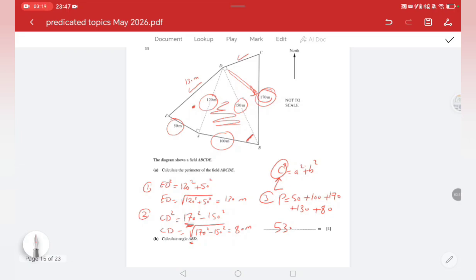When we use the sine rule, we need a given angle and its opposite side, but in this question we don't have the angle. We have the opposite side, but we don't have the angle, so we cannot use the sine rule. So in this case we use the cosine rule. If you can't use sine, use cosine.